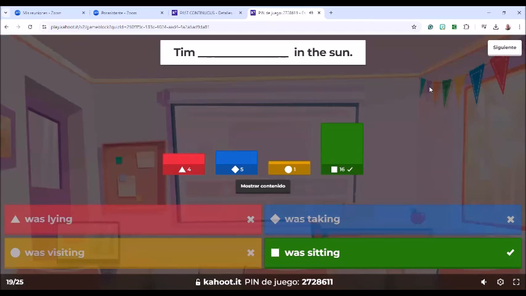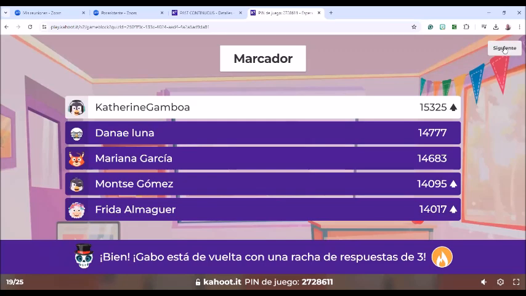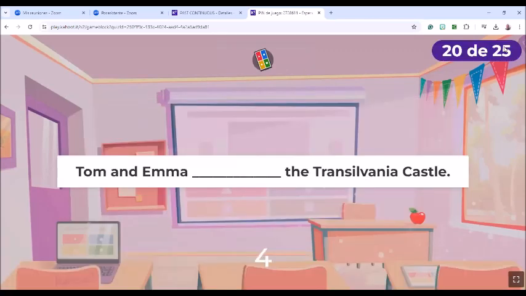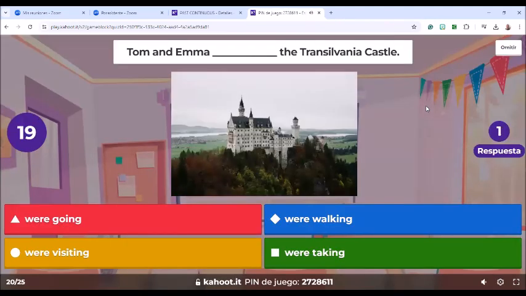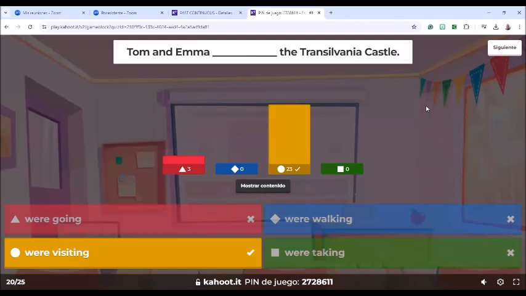Tim was sitting in the sun. Tom and Emma were visiting. Perfect. Were visiting the Transylvania castle.